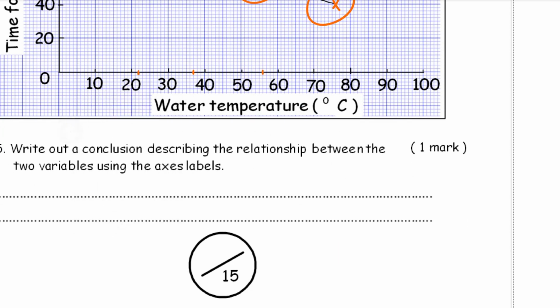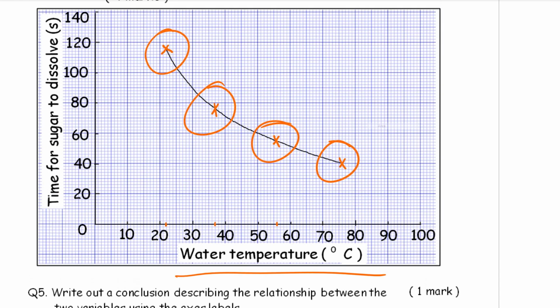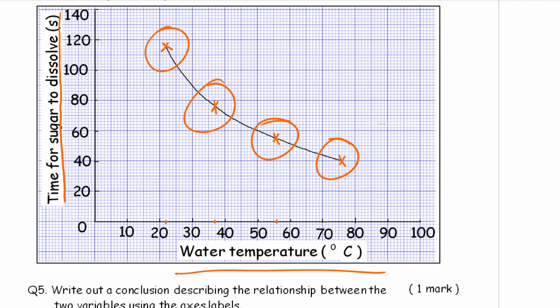Write out a conclusion describing the relationship between the two variables. Well, you need to be using water temperature and the time for the sugar to dissolve in seconds.